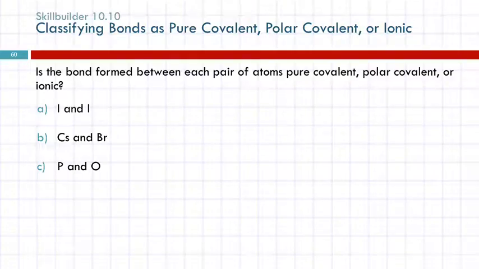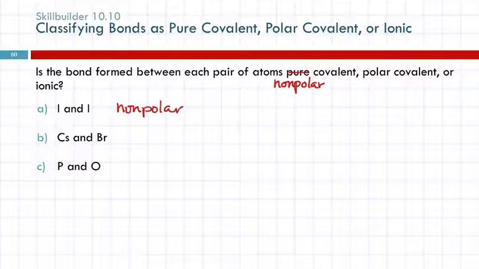Okay, so let's do some examples here. Is the bond formed between each pair of atoms pure covalent, polar covalent, or ionic? I'm going to change this again to nonpolar. So between iodine and iodine, that's going to be nonpolar. How about cesium and bromine?